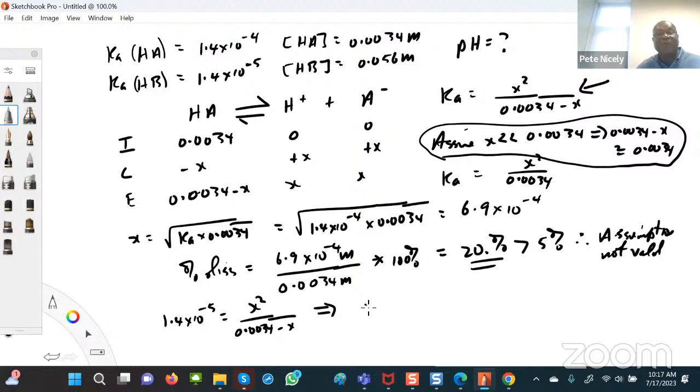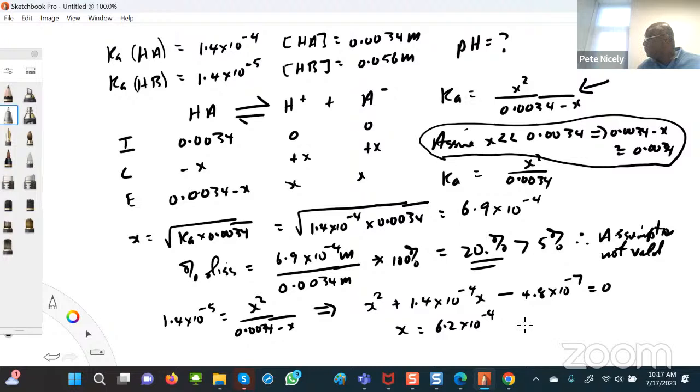That equation will be x squared plus 1.4 times 10 to the minus 4 x minus 4.8 times 10 to the minus 7, equal to 0. If you solve for x, you get two possible values. One is 6.2 times 10 to the minus 4, and the other is minus 7.7 times 10 to the minus 4.